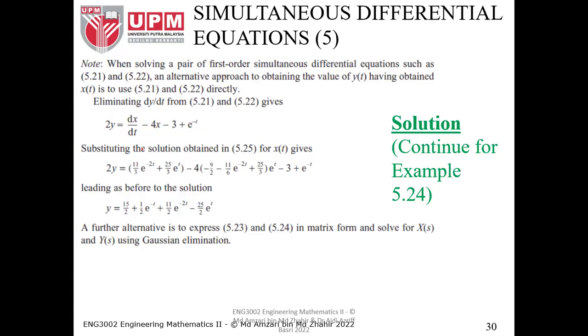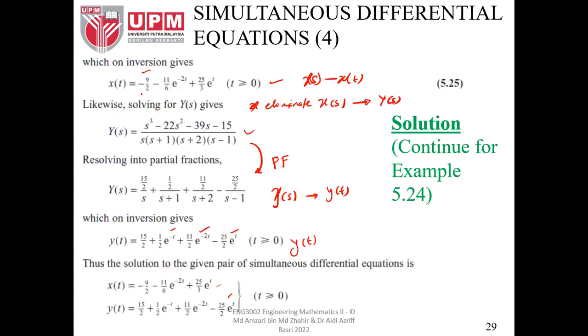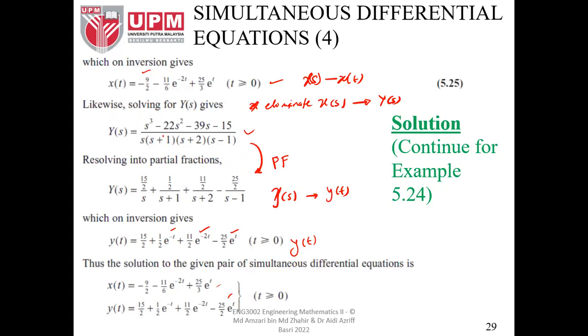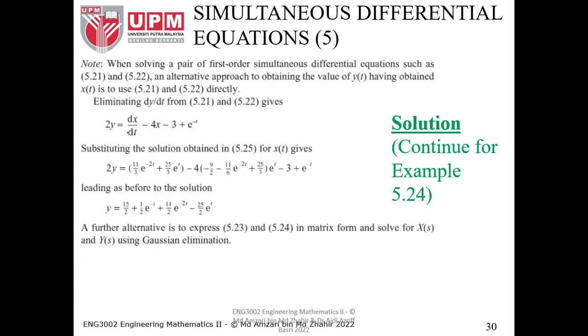Then substitute the solution obtained in 5.25 for x(t). We got 5.25 just now. So you substitute this x(t) inside the equation. For dx/dt, you need to differentiate your x(t).